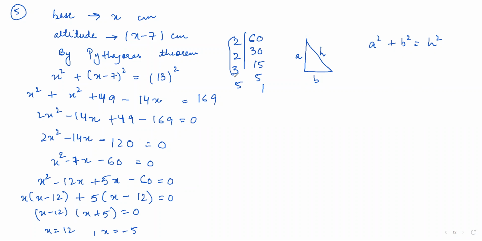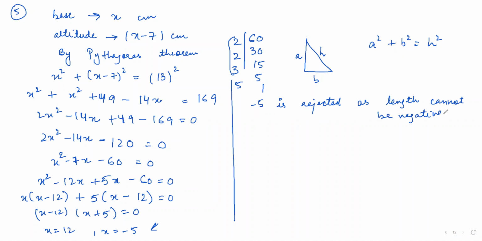Actually, one value you have to discard here because you are talking about a base, and length cannot be negative, right? Yes, ma'am. So we will write that minus 5 is rejected as length can never be negative.